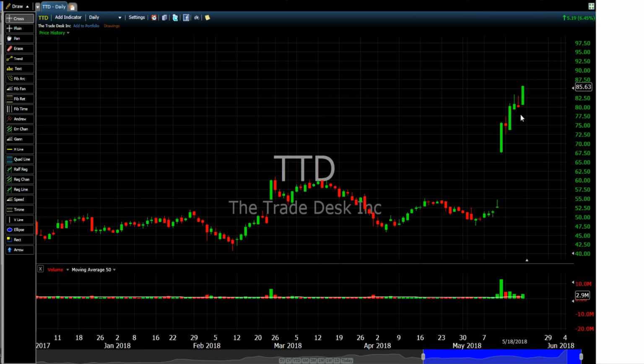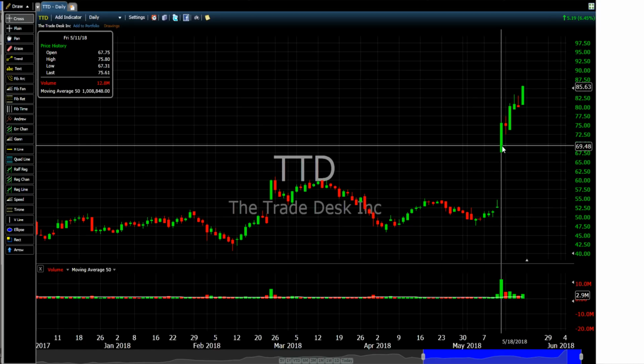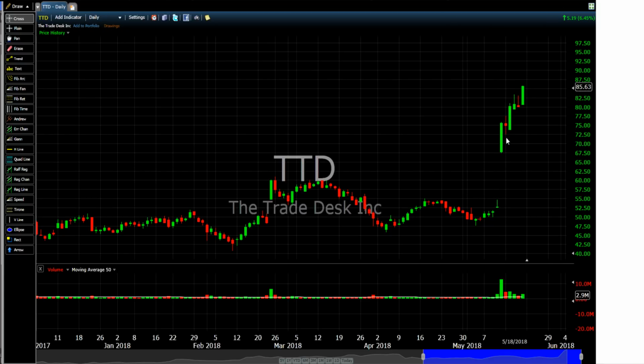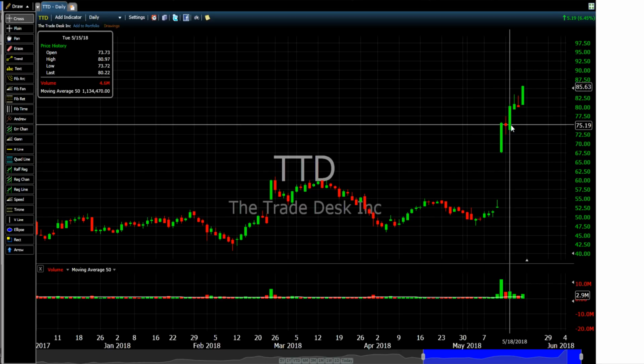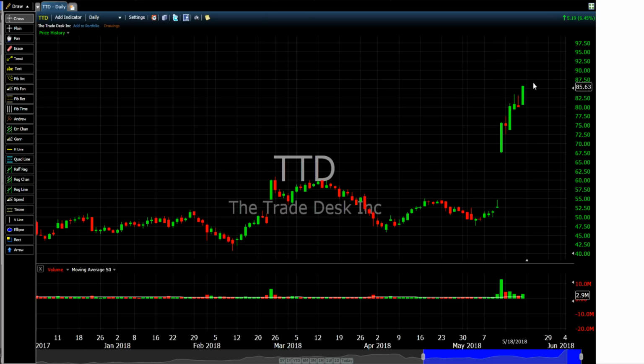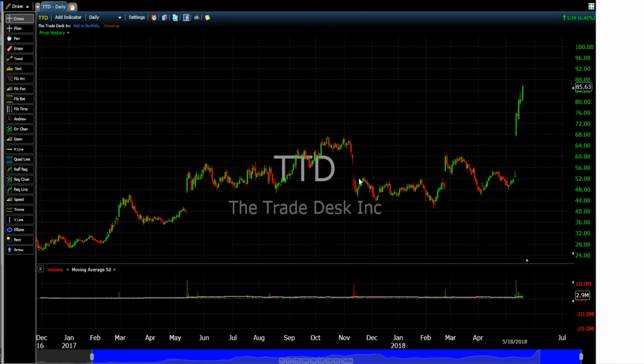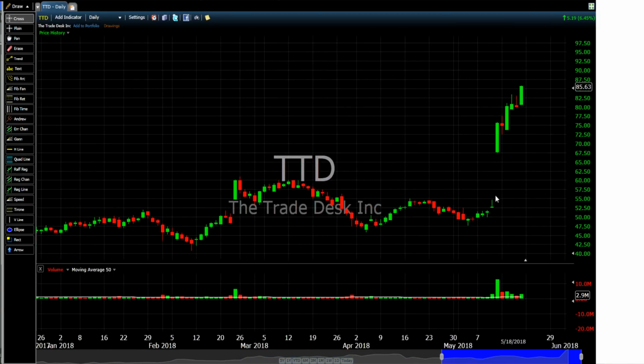Understand that each day, like this day here, $8 just here, $8 here, and here you have $7, here you have $5. So understand that there is a big push for this stock, and it might have a gap down like this one. It could be. So be careful of this stock, especially when it goes up.